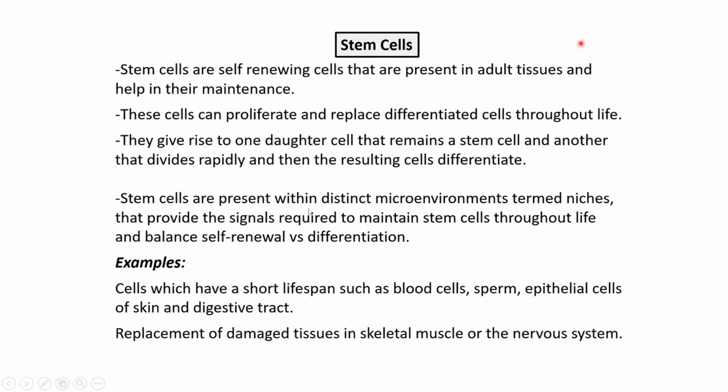Okay. And stem cells are present within microenvironments termed niches that provide signals to maintain the stem cells throughout life. So only in a certain environment will the stem cells be present, one with an adequate amount of growth factors and other factors responsible for the transcription of the stem cells.